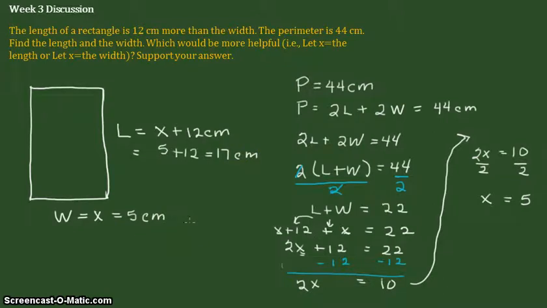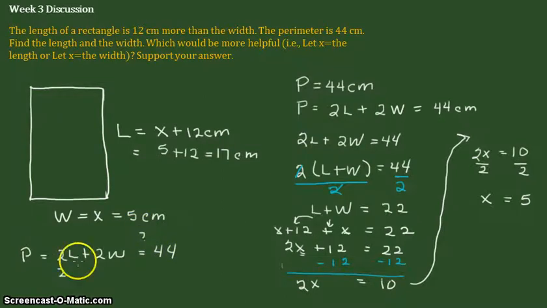And as a self-check, let's see what the perimeter is. If we did everything right, twice the length plus twice the width should give us 44.